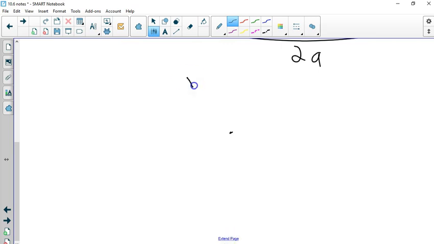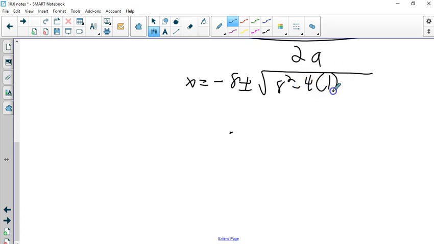So x equals the opposite of b plus or minus the square root of b squared minus 4 times a times negative 256, which is c, all over 2 times 1. Okay?